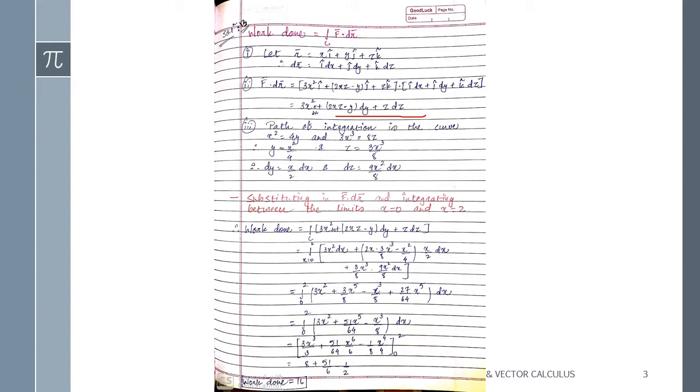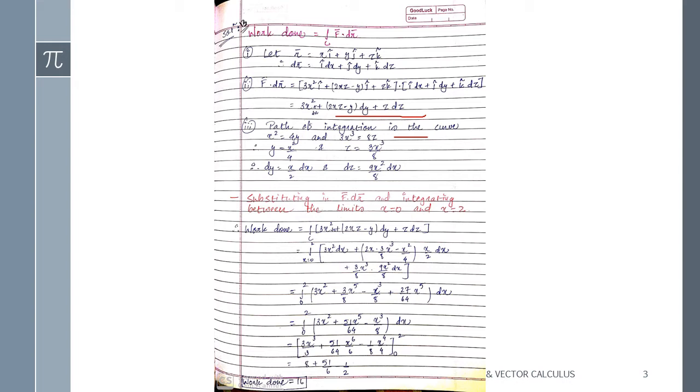Now in the third step you have to apply its curve, that is, the path of the integration. Here two curves are given: x square equals 4y and x cube equals 8z. From both equations you have to convert into one form, but see the limits here, it's given only in terms of x. So you have to convert both curves into the x form only.